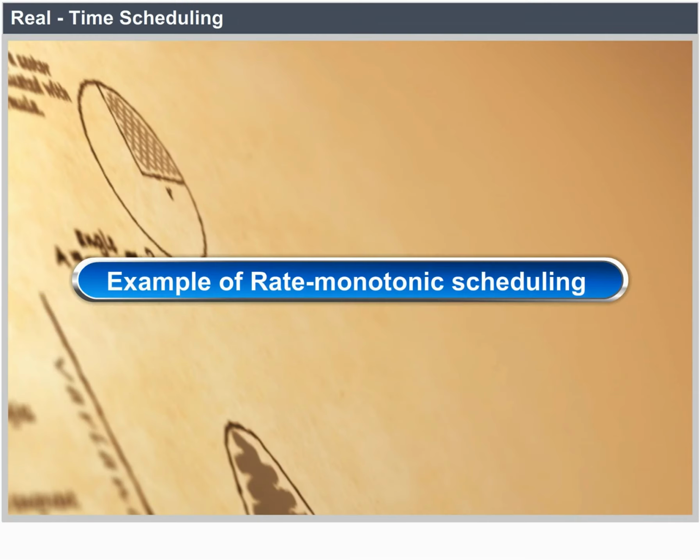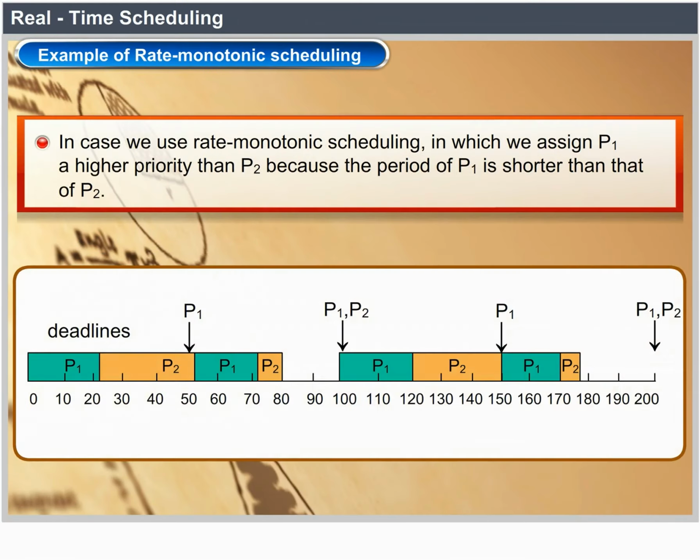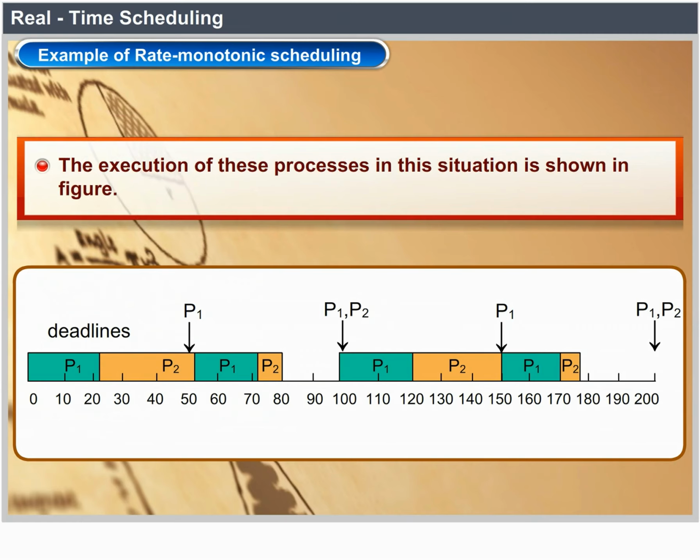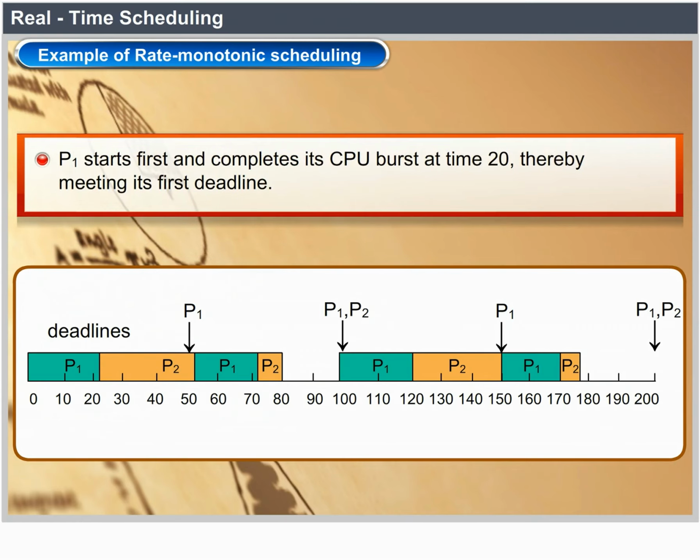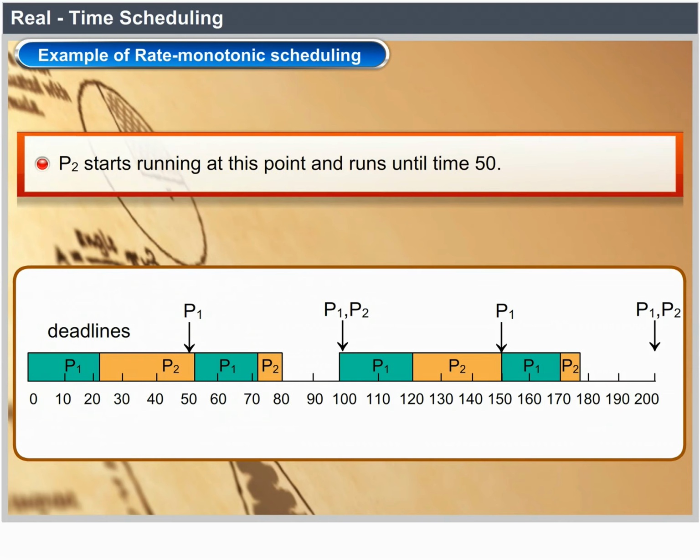Now suppose we use rate monotonic scheduling, in which we assign P1 a higher priority than P2 because the period of P1 is shorter than that of P2. The execution of these processes in this situation is shown in the figure. P1 starts first and completes its CPU burst at time 20, thereby meeting its first deadline. P2 starts running at this point and runs until time 50.